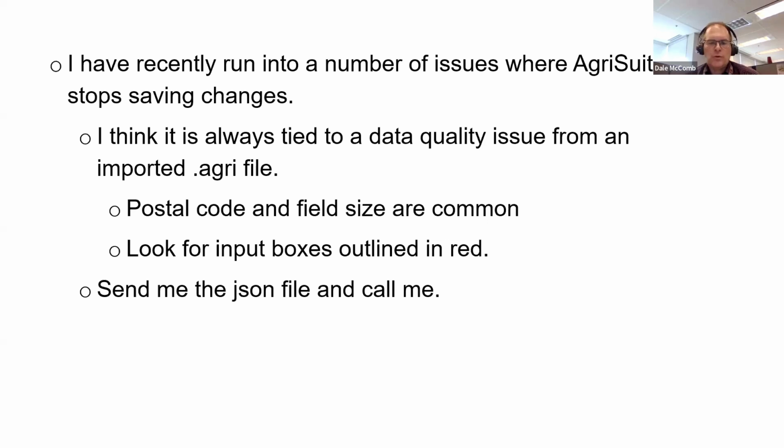Go through your inputs and look for input boxes outlined in red. That'll be an indicator that there's an issue. And again, create a JSON file, send it to me, give me a call. We'll sort it out. Been able to sort out most of those fairly quickly, but again, almost always tied to data quality coming in from a .agri file.